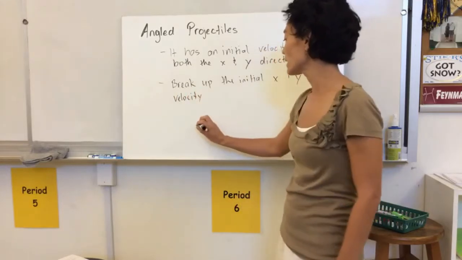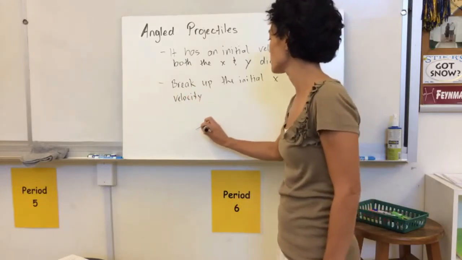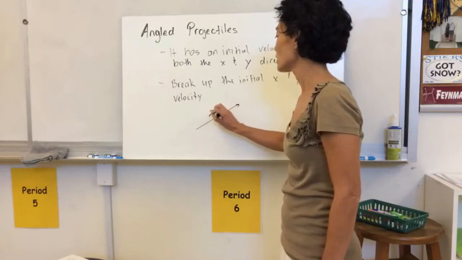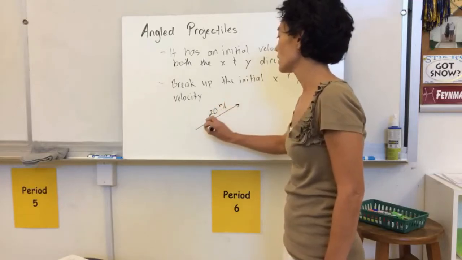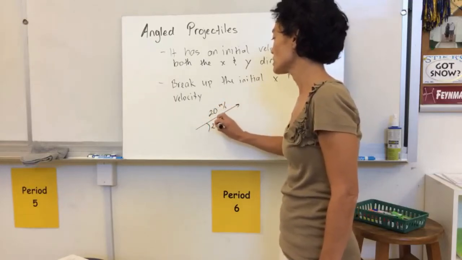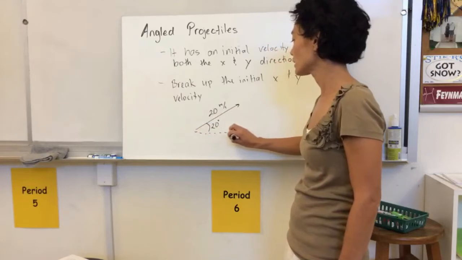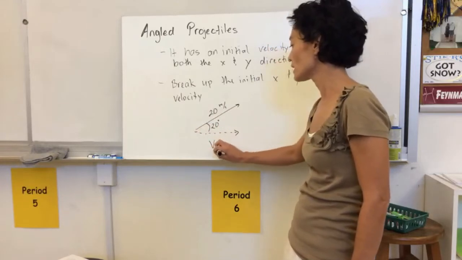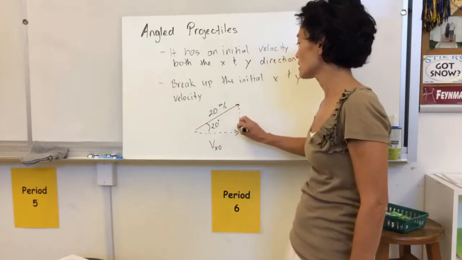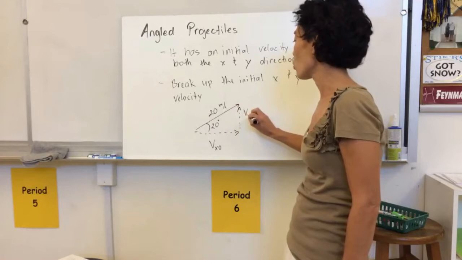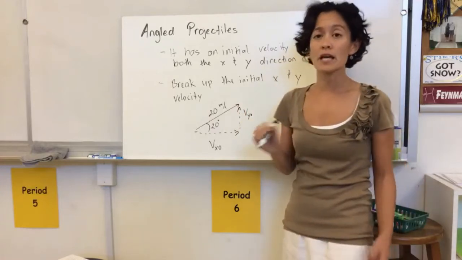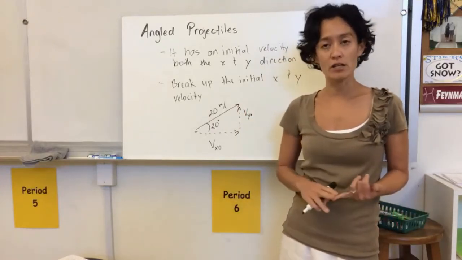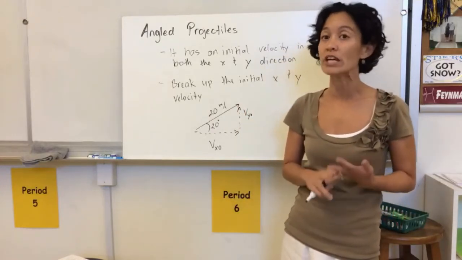So if you have a velocity that is 20 meters per second at an angle of like 20 degrees, you have to break it up into a Vx naught and a Vy naught, because that's what your equations have. Your equations have an x naught value and a y naught value. There's no v naught value.